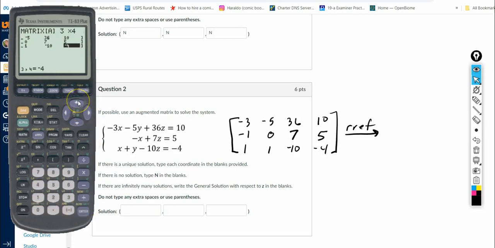And now before I do anything else, I'm just going to double check. That's looking good. Now I'm going to get out, get back in, scroll over to math, go up to RREF, get into the matrix menu, and under names, just press enter, close off the parenthesis, and this is what we get.